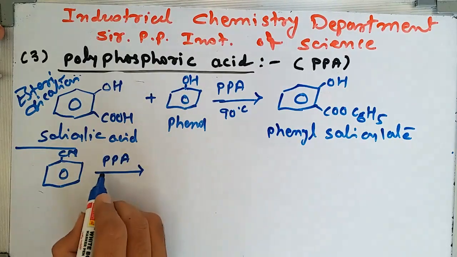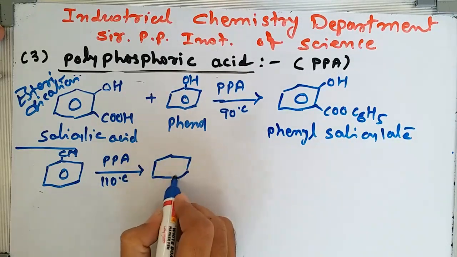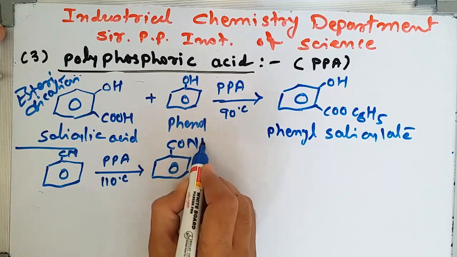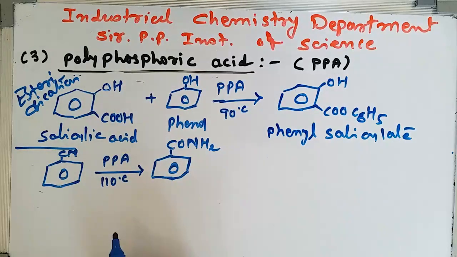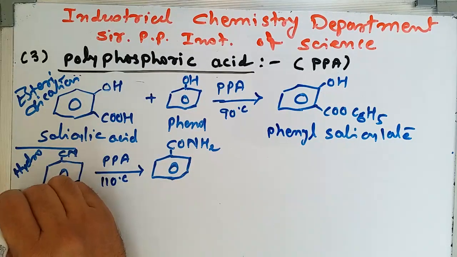Polyphosphoric acid at 110 degrees Celsius. So CN is converted into CONH2. So this is hydrolysis of nitrile to amide. This is a hydrolysis type reaction.